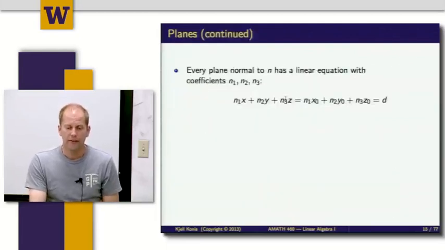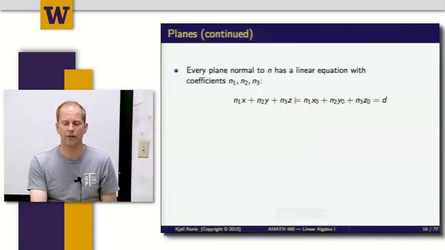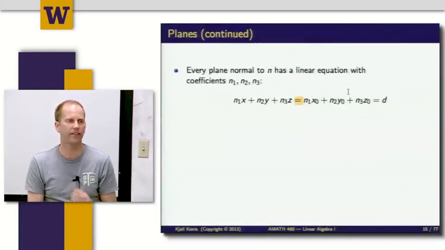And so then what I'm going to do is just move all of the x0, y0, and z0 parts of this to the other side of the equal sign. And when I add those up, nothing's changing here. The x0, y0, z0 are 3 fixed numbers.